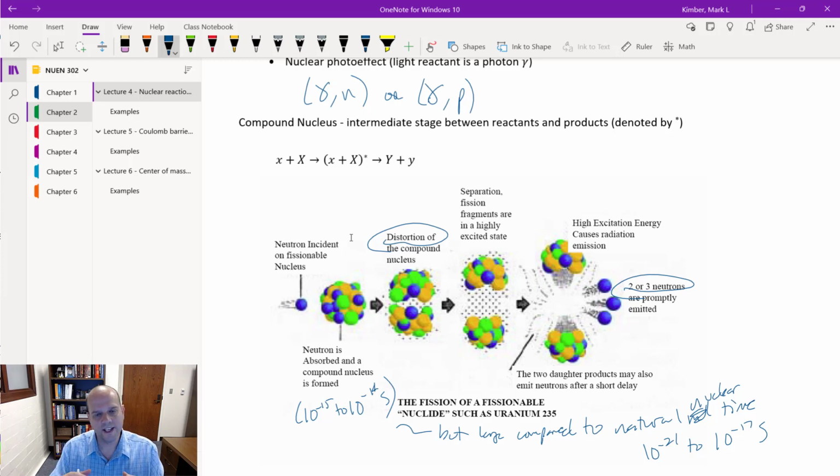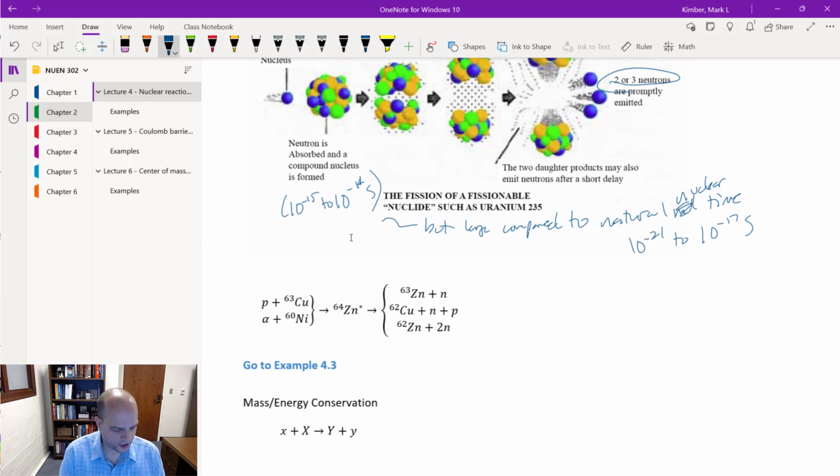But in the interim, it has forgotten how it got to the point of that excited nucleus because of the timescales. And so those initial conditions of, okay, did I just absorb a neutron to become this, or did I absorb 2 neutrons and 2 protons to become this? It doesn't really know, and it doesn't really matter. There are many different exit paths, is what they're called. One of those is shown here.